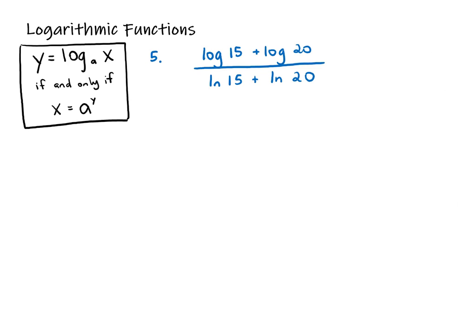This next question asks us to use our calculator to evaluate this. And this is really just an exercise in using your calculator. If you're doing some fraction that you want the calculator to simplify, you have to include the whole numerator divided by the whole denominator. If you don't include fractions with parentheses containing your numerators and denominators, you're probably going to get the wrong answer when you use your calculator.